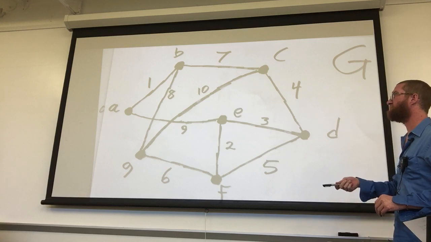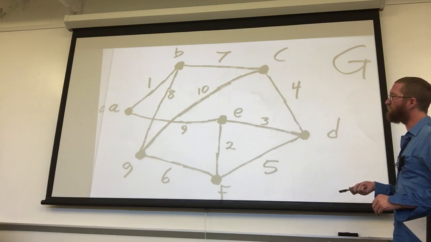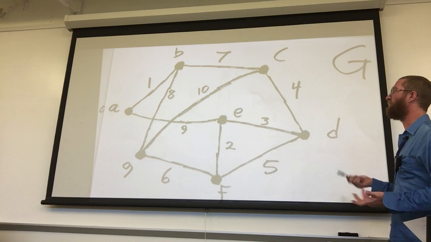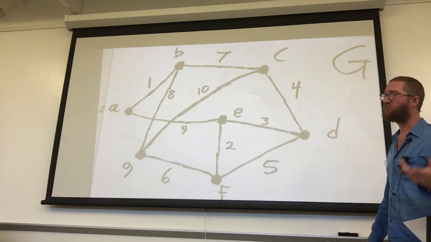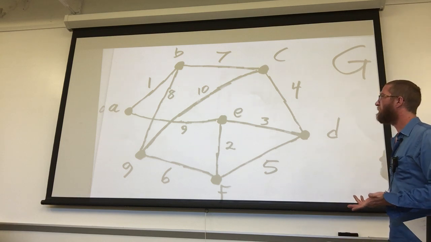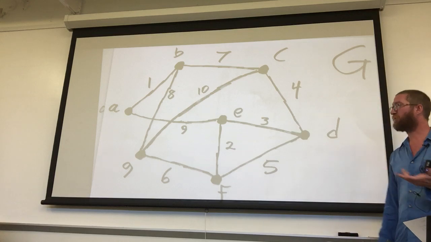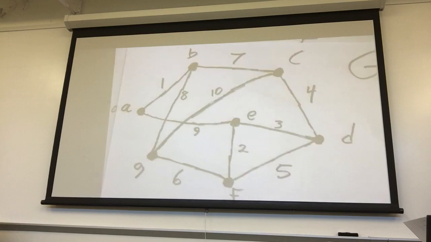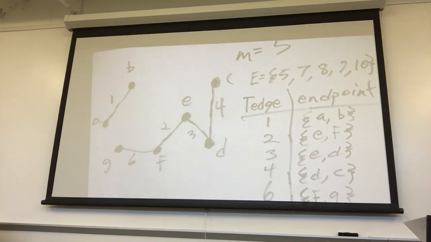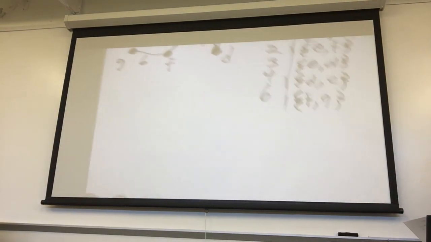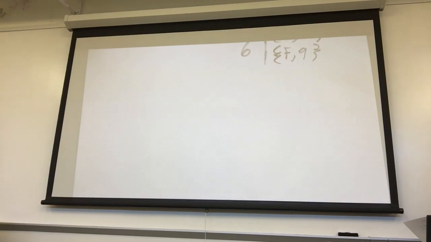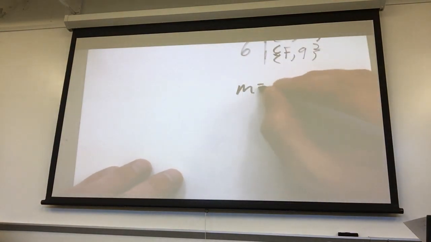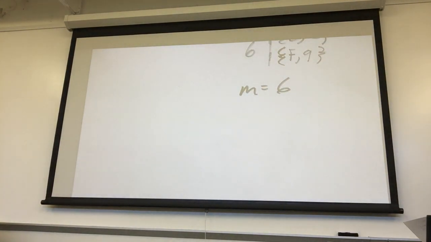I picked up 6. The first question is the least weight. What is the least weight? The least weight would be 7, because we can't use 5, and we have 7, 8, 9, and 10. So the next one that will not create a closed loop in the circuit or a closed walk would be 7, and so then we go down to m, which equals 6.